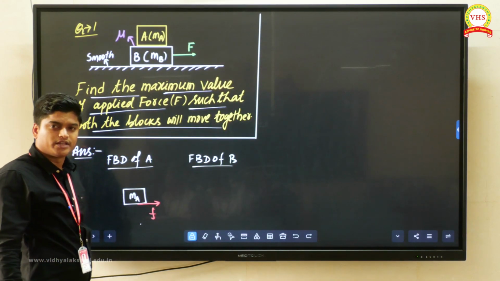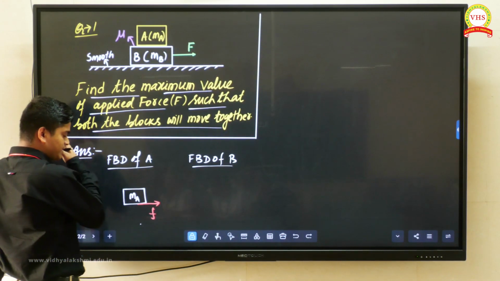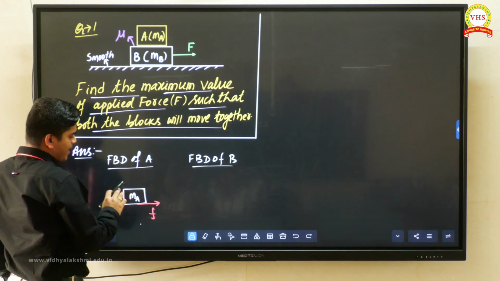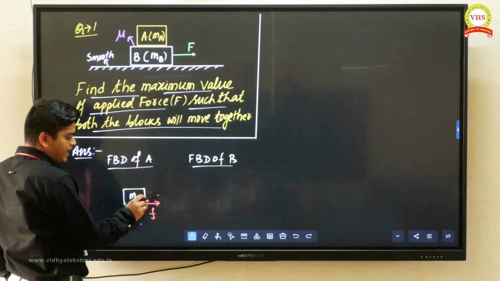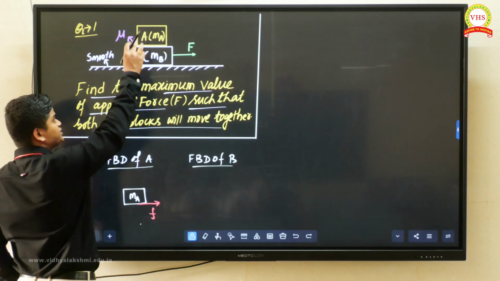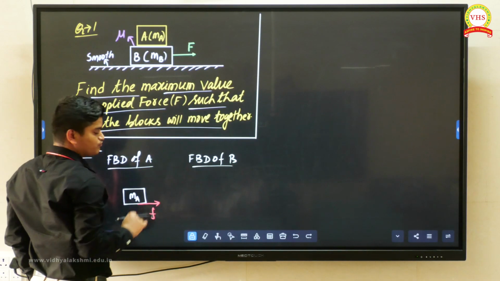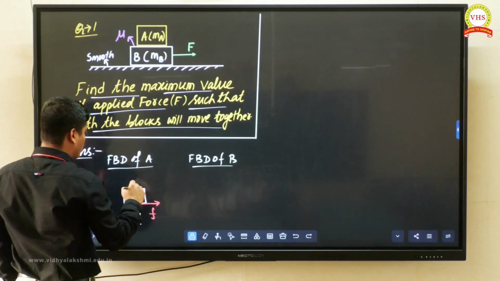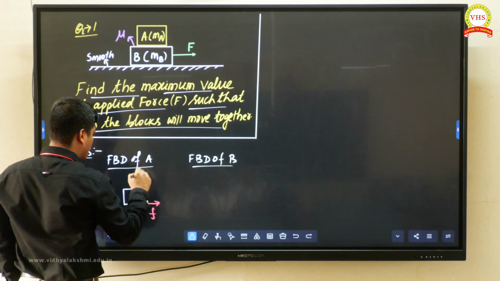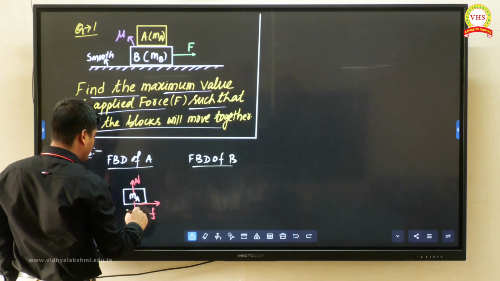But we are saying all are moving together. So that's why what we'll consider here is that MA is moving with a force f, which is basically friction. So friction is making this block move. So I am giving f in the forward direction for A. Vertically there will be the normal reaction, and vertically downward will be MAg.